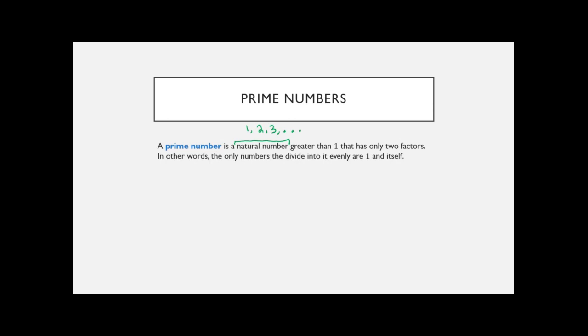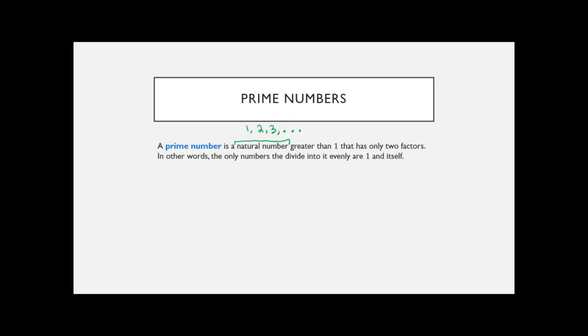So it's a natural number, but specifically greater than 1. So 1 is not a prime number. And it's a number that has only 2 factors. So there are only 2 numbers that divide into it: 1, because 1 goes into everything, and itself.